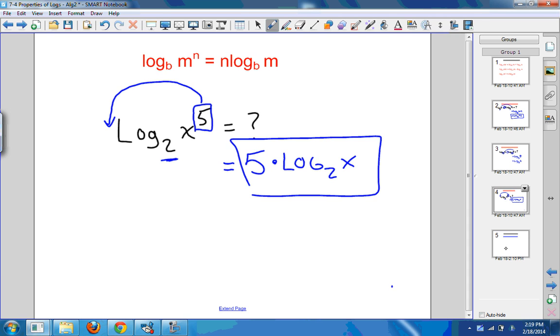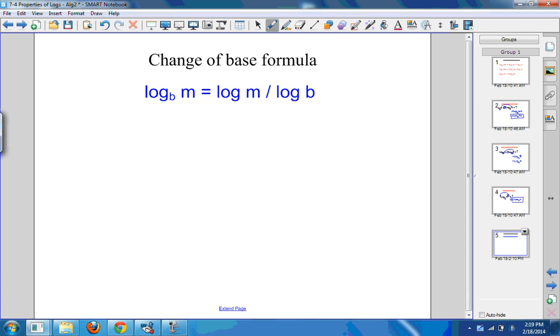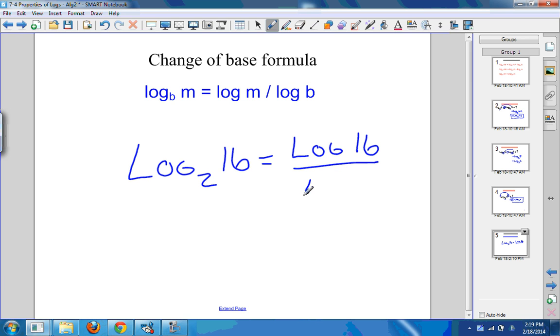The last rule that we're going to look at is what's called the change of base formula. So the change of base formula says that if I have, let's make something up here, we'll say log base 2 of 16, I can rewrite this as log 16 over log 2.